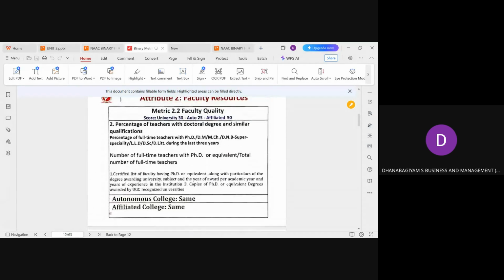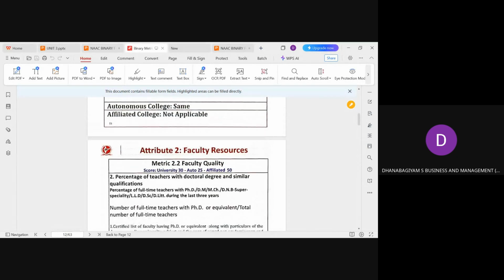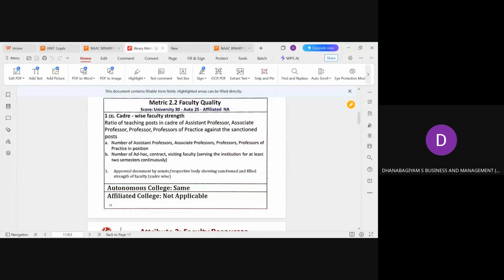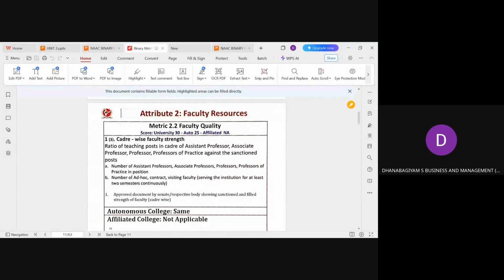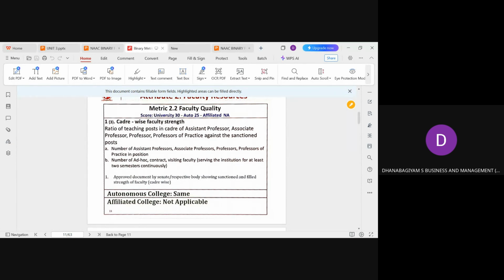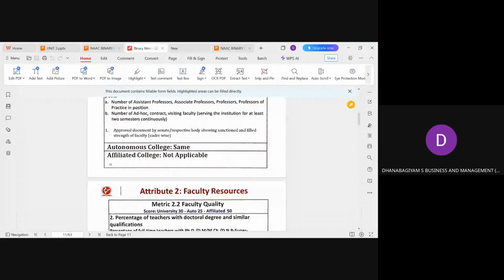So when you talk about attribute 2, it talks more about the faculty resources. It talks about the faculty quality, that is, cadre-wise, what is our faculty strength, that is metric 2.2. In this, we try to have the hierarchical strength properly and a very balanced student-faculty ratio.